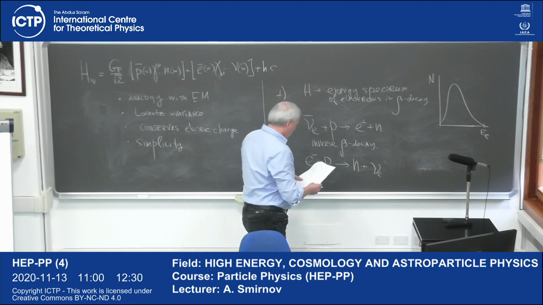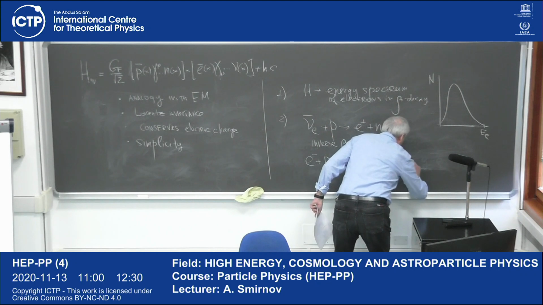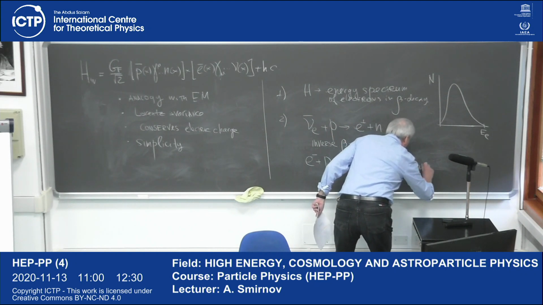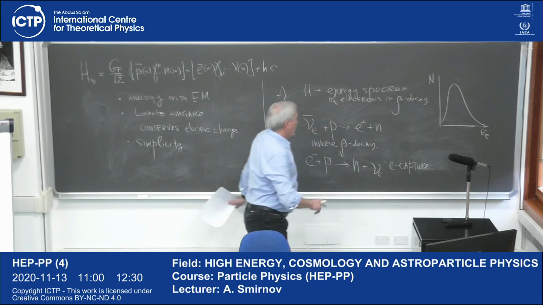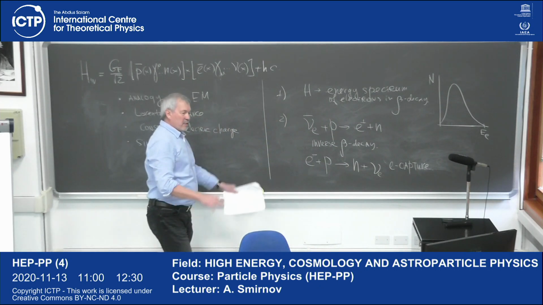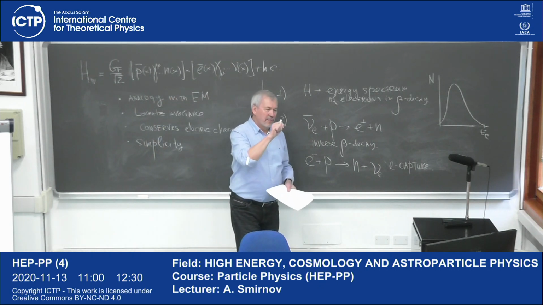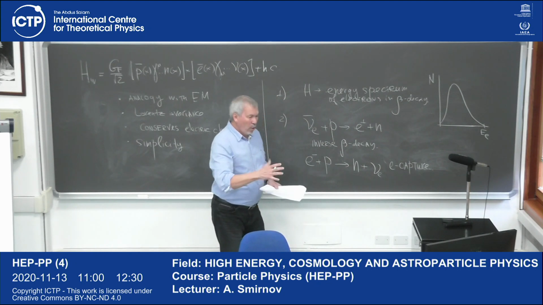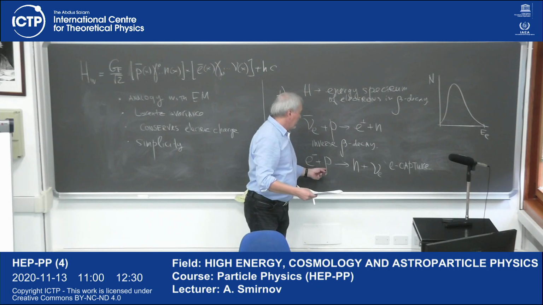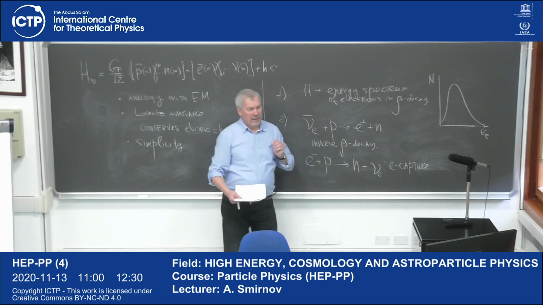So this is called electron capture. Also an important process. It also exists, for instance, in atoms. You have an atom, and one of the electrons from atomic levels can be captured by the nucleus, and then the nucleus, of course, changes because one of the protons becomes a neutron, and a neutrino is emitted.